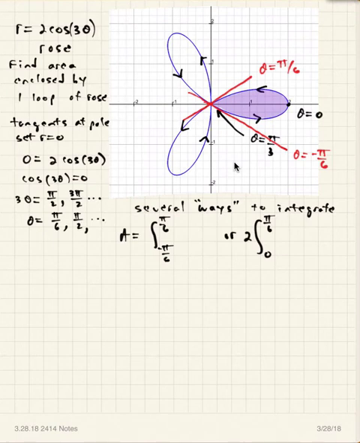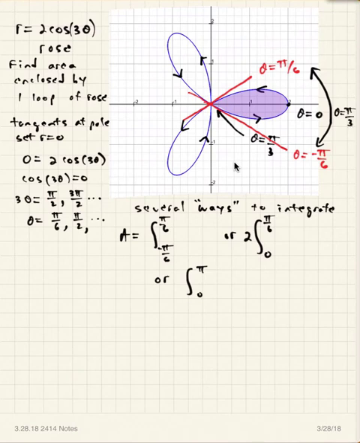You could also integrate just from 0 to pi, which traces out the entire rose in this case. If you think about it, if you go from negative pi over 6 to pi over 6, that's just pi over 3 total radians right here.